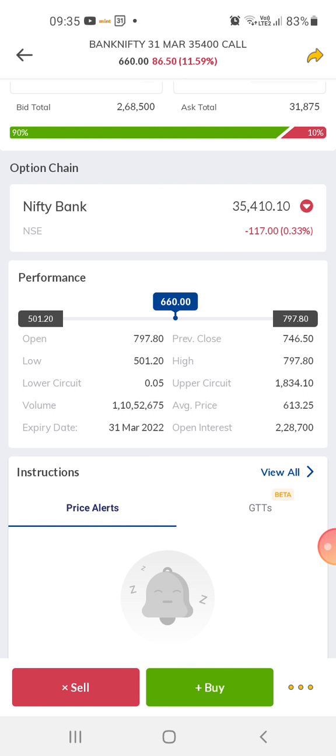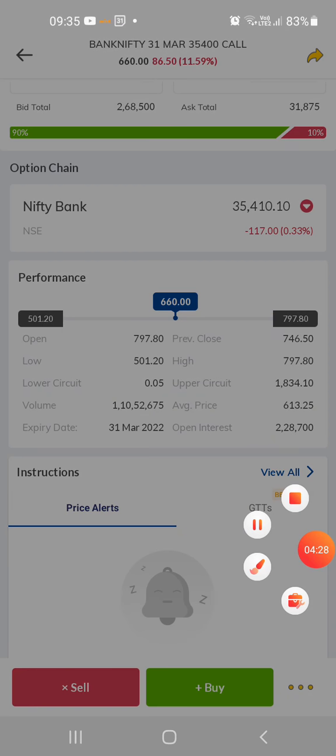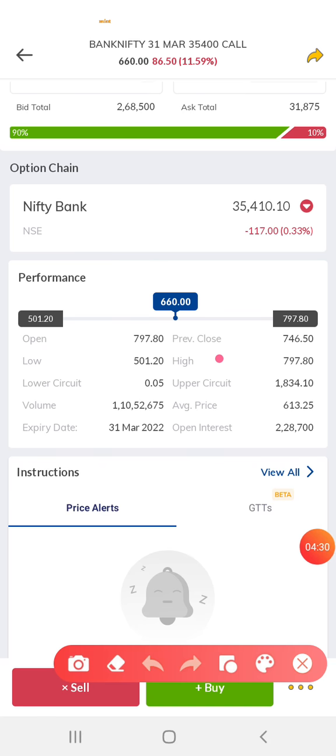It could have happened that it went to 797 first and then to 501. Sometimes it goes to 501 first and then to 797. In that case you can make a very good profit, but you need to catch that trade. You have to be very good at catching that trade.